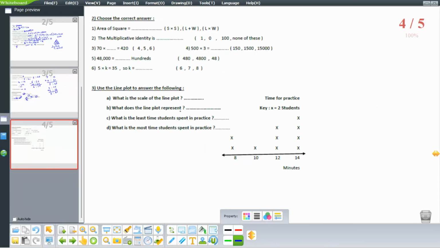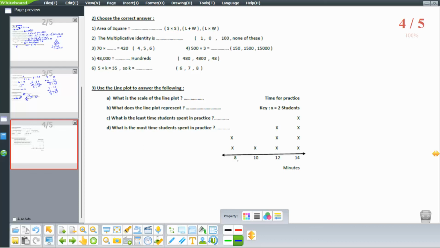Next, use a line plot to answer the following. Here we have this line plot and we need to find the answers to these questions.